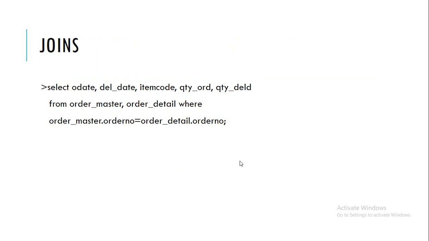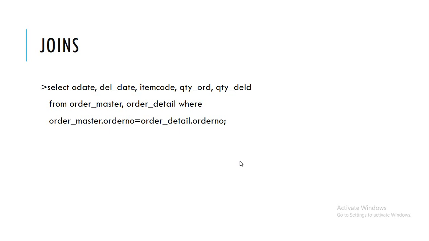Here I have taken another example: select order date, delivery date, item code, quantity ordered, quantity delivered from order master, order detail, where order master dot order number equals order detail dot order number. In this way we are retrieving data from both tables and showing it.